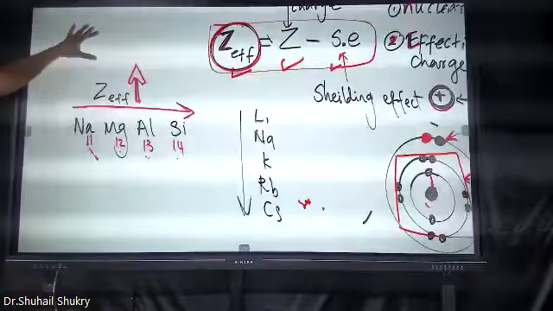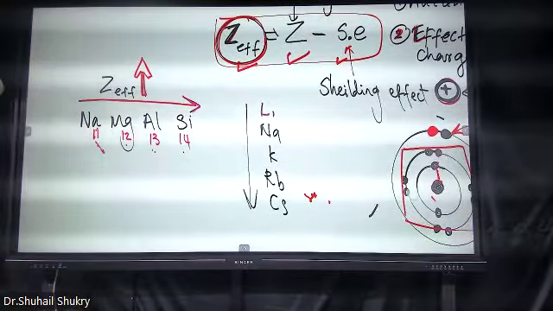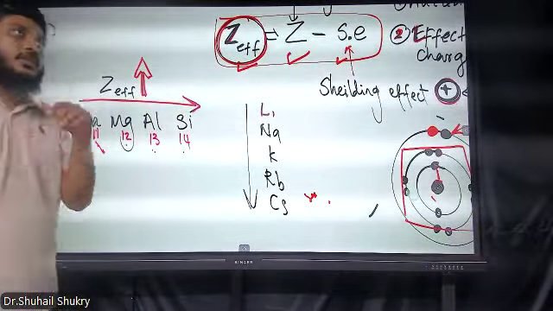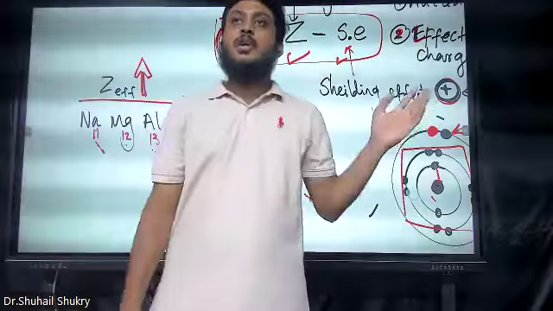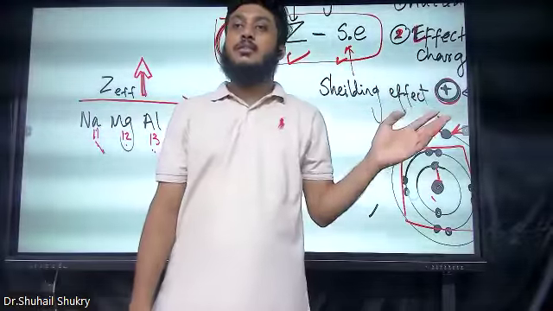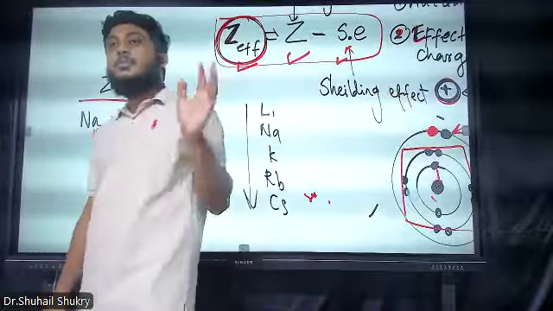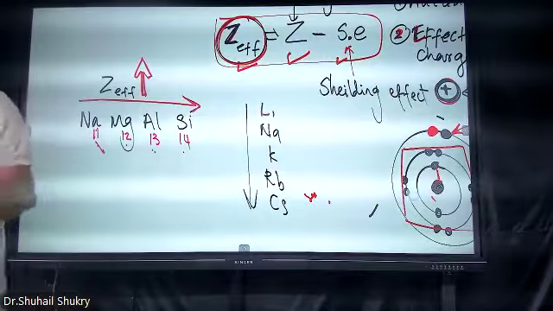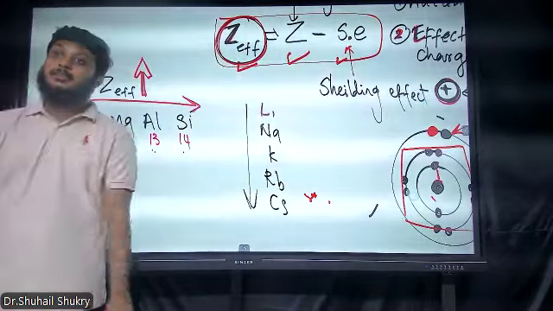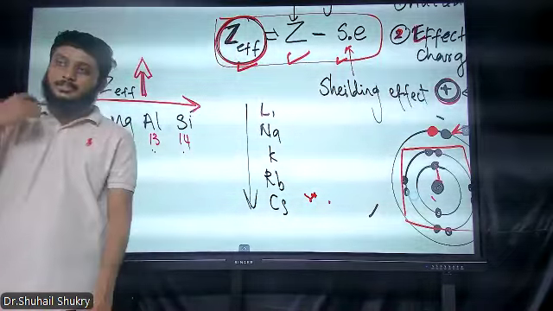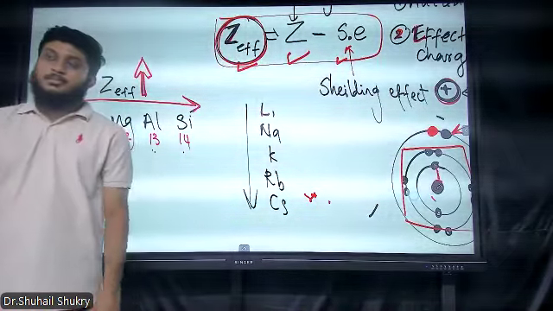Did you understand this? Then don't try to by-heart it. If you try to memorize it, from left to right effective nuclear charge increases, from left to right nuclear charge increases, from left to right shielding effect constant, you'll forget it. So how many things will you remember as increasing, decreasing?